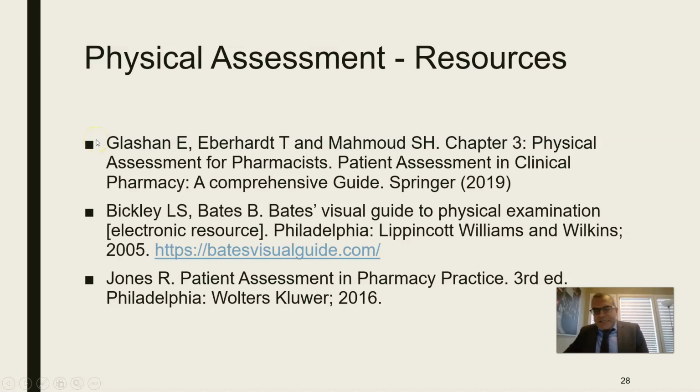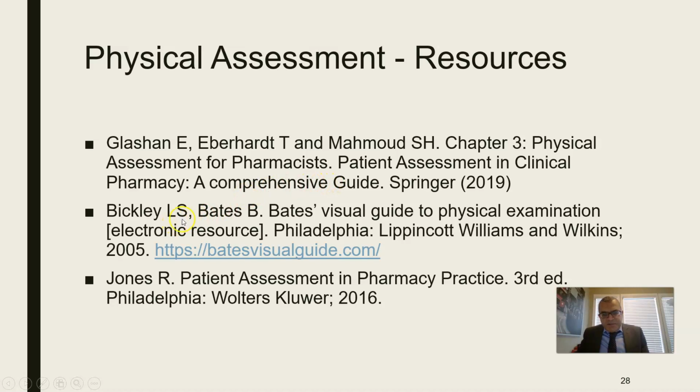For physical assessment, like how to perform blood pressure, vital signs, respiratory rate, pulse, and other physical assessment findings, these are some resources that are very helpful. One of them is chapter 3 in Patient Assessment in Clinical Pharmacy: A Comprehensive Guide, about physical assessment for pharmacists.